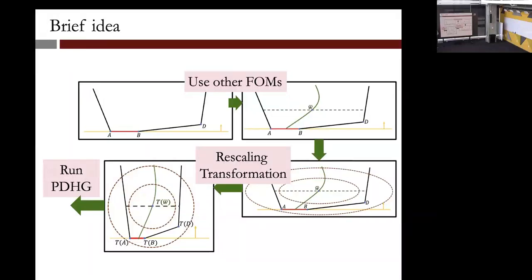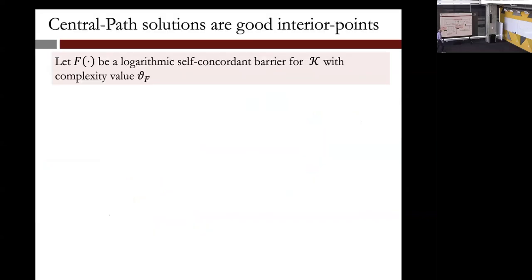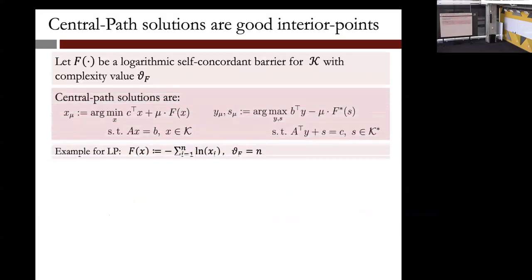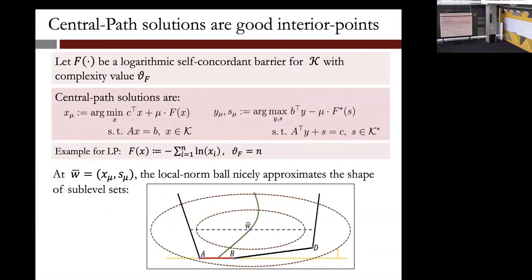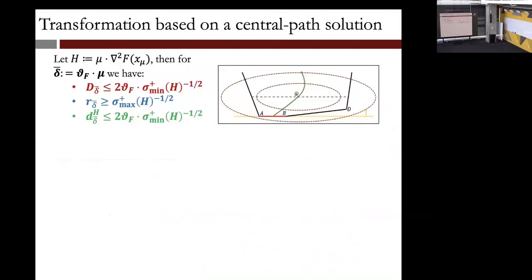So the idea is compute a point somewhere on the central path. Now, mind you, that's not a trivial problem either. But whatever. I can do this for linear programming, I can do this for SDP, I can do this for anything. That is, the theory of self-concordant barriers pertains to all of this.